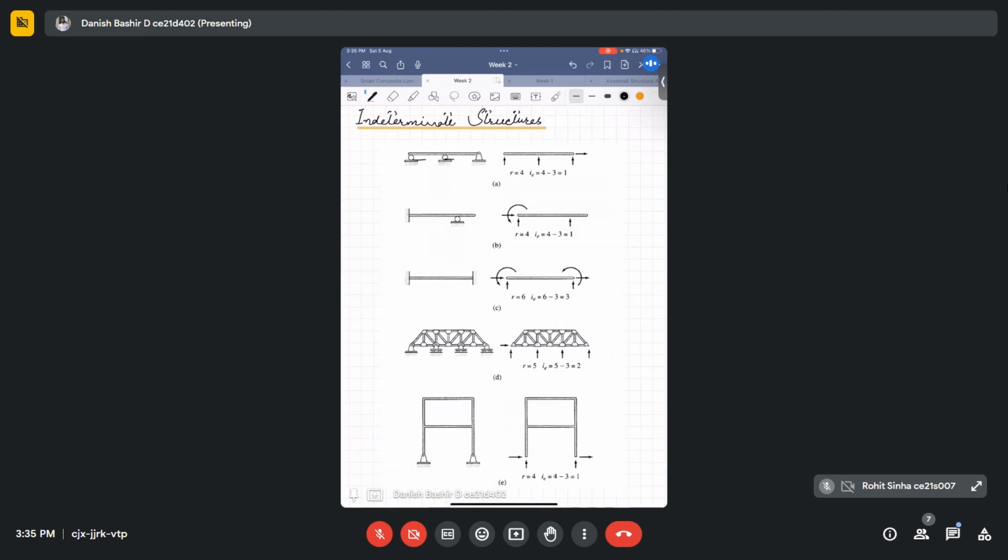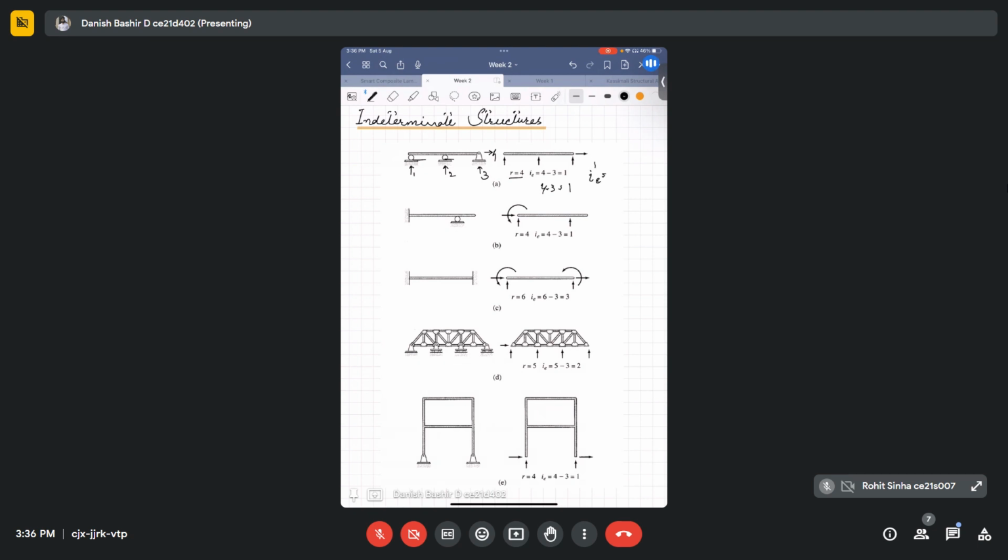Here it's only one vertical, and here there will be one vertical and one horizontal. So the total number of reactions is one, two, three, four, and the total number of equilibrium equations we can write is only three. If we compute 4 minus 3, it is equal to 1.